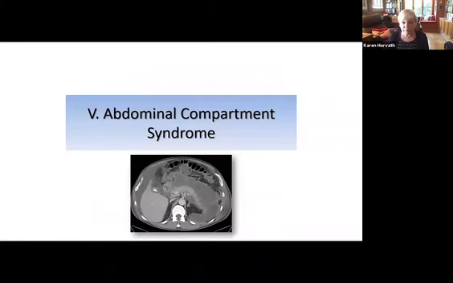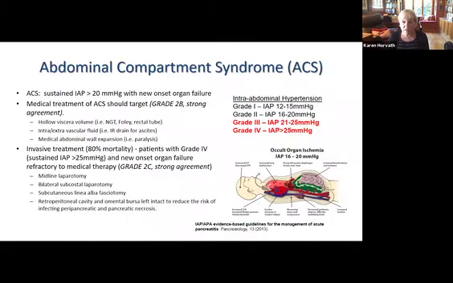So let's quickly talk about abdominal compartment syndrome, because we do see this periodically in our patients. Abdominal compartment syndrome is defined as a sustained intra-abdominal pressure greater than 20 millimeters of mercury associated with new onset organ failure.